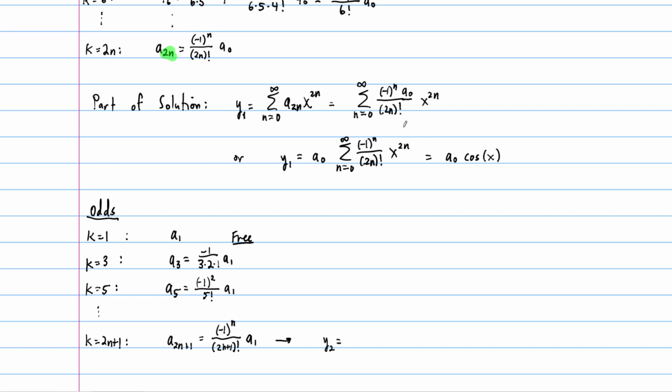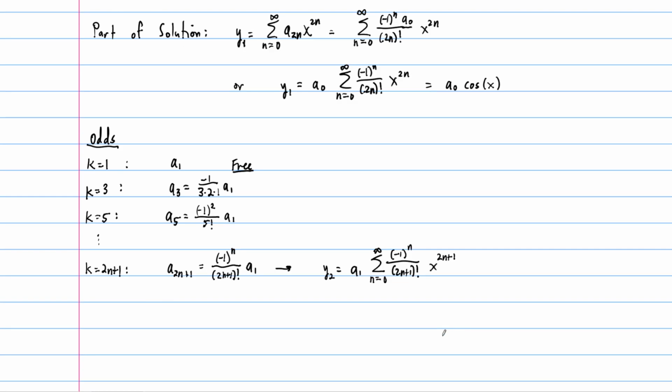I'm not going to go through all the work again, but it's going to be the odds, right? It's going to be a sub 1 times the sum, n goes from 0 to infinity, negative 1 to the n over odd 2n plus 1 factorial. And if we have only the odd terms, then we get only the odd powers, right? Only the odd coefficients means only the odd powers. So this will be x to the 2n plus 1.